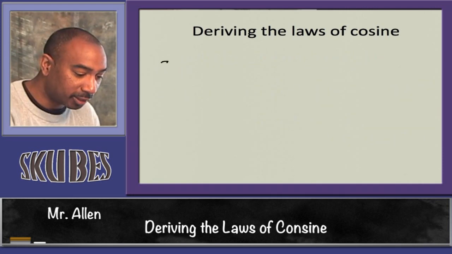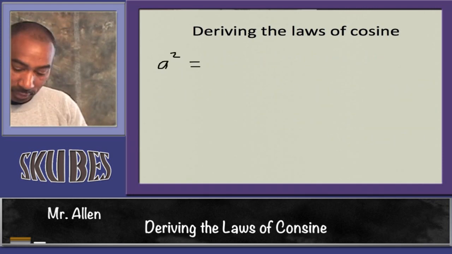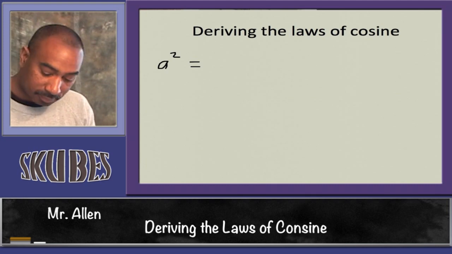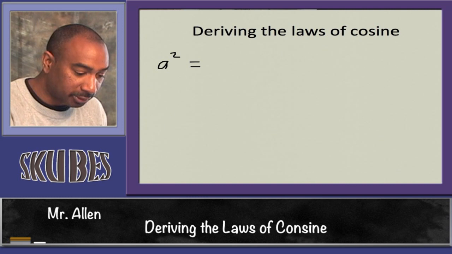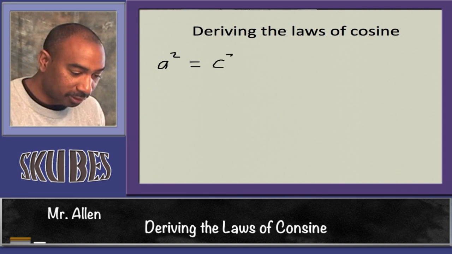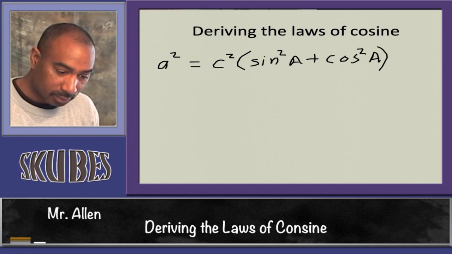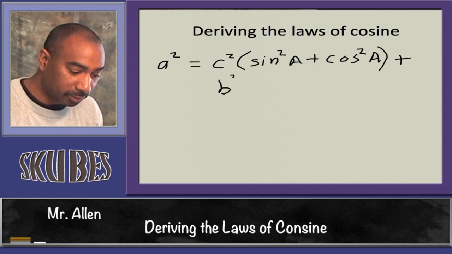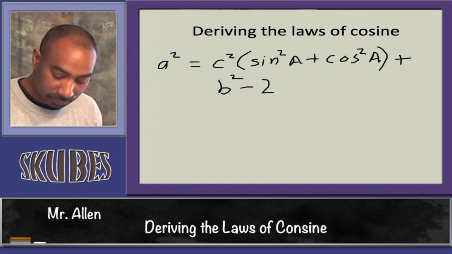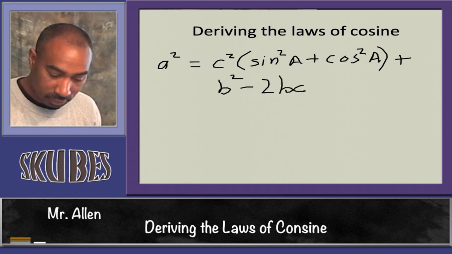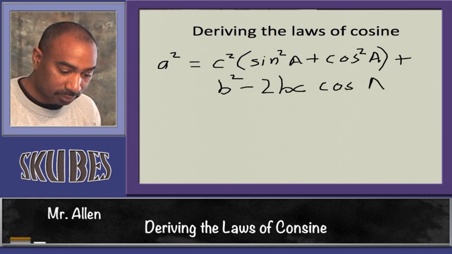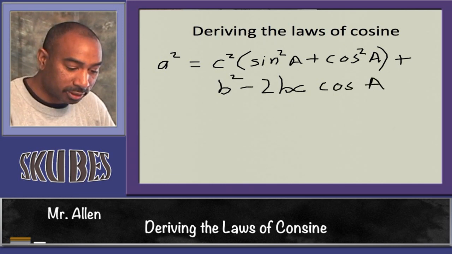And if you continue to simplify that, you can group some like terms. So I'm going to put the angle A terms together: c squared times sine squared A plus cosine squared A, plus, and then the rest, you have b squared minus 2bc cosine A. Well, it turns out that this is a trig identity.